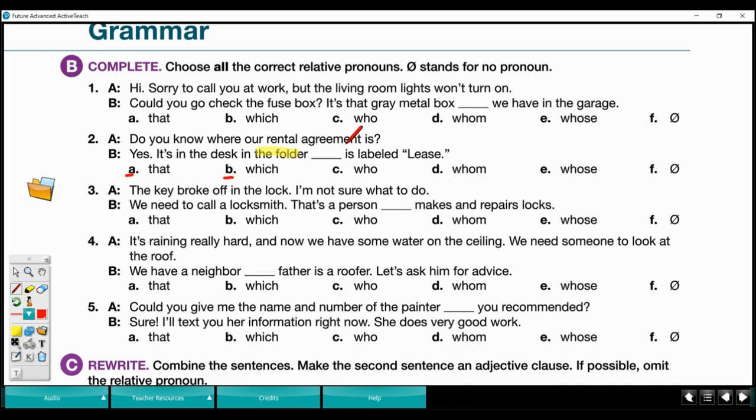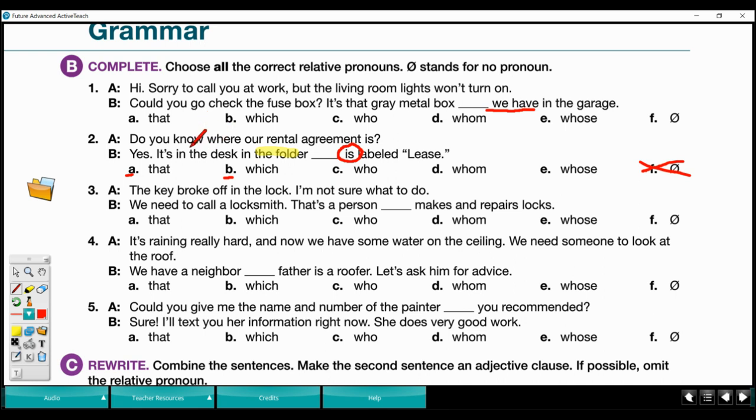But the adjective clause has only a verb, not a pronoun and a verb. So this one is not an option for us, okay, because we have to have a relative pronoun or a pronoun in the adjective clause because a clause has a subject and a verb.